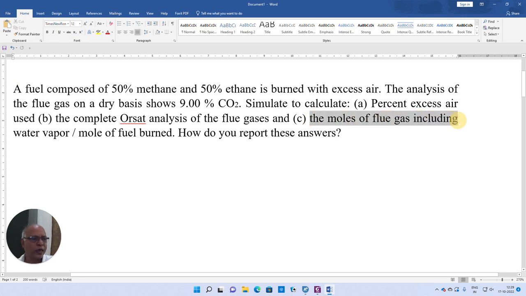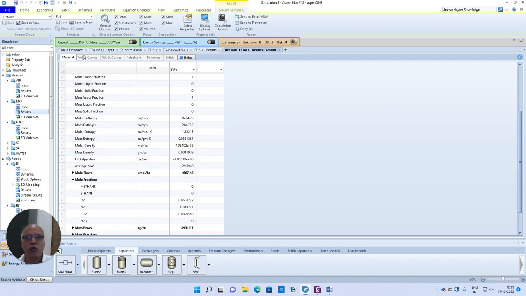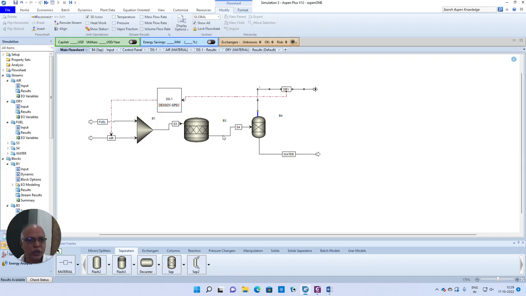The moles of flue gas including water vapor per mole of fuel burned. We started with 100 moles per hour and we will be able to note down the number of moles of flue gas including water vapor. So if you want to look at that value, this will involve all the flue gases including water vapor. If you know this number of moles, divide that by the number of moles of fuel that you are using, which is equal to 100.